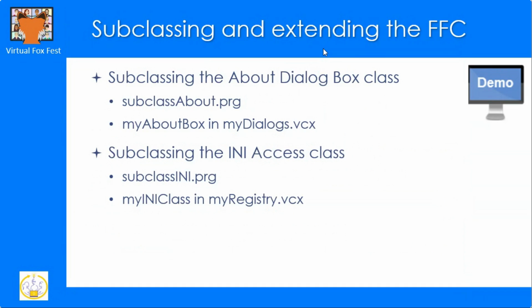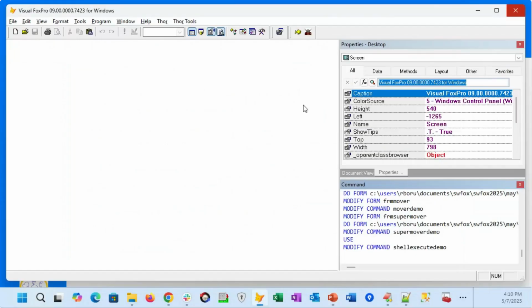I created a class library called mydialogues.vcx and stored my about box, which now has everything in it that I want out of the box, so to speak, without having to reprogram the image and everything else all the time, although the image probably would change for your application. So let's take a look at what that might entail.